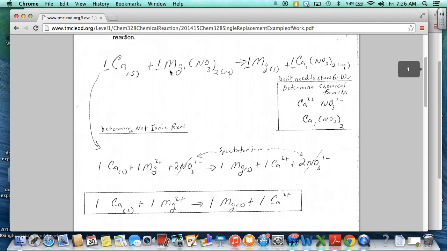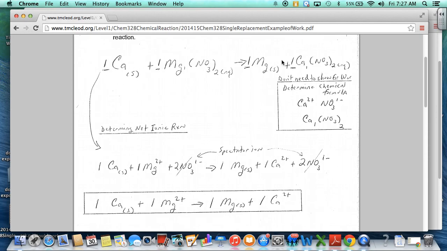The calcium is higher than magnesium. The magnesium comes off as basically just an element, and magnesium elements in group 1. It's a solid because you know that. And then what I did down here is I showed you how the calcium ion and the nitrate ion come together to form the calcium nitrate chemical formula.